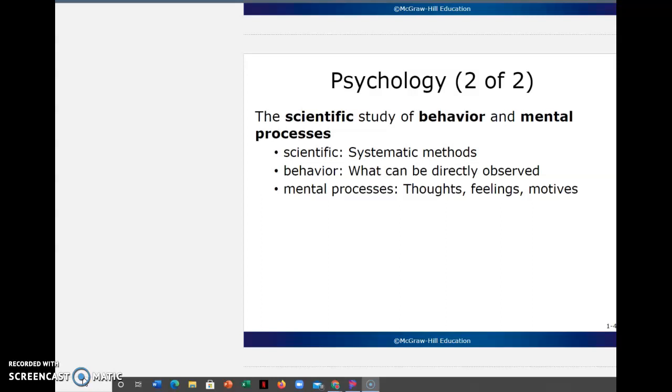So the scientific study of behavior and mental processes. The behavior side of it is what we can see. It is all the observations that we see in the world of people behaving. You will have an assignment coming up soon where you are going to hypothetically design an experiment, a survey, some type of research method.